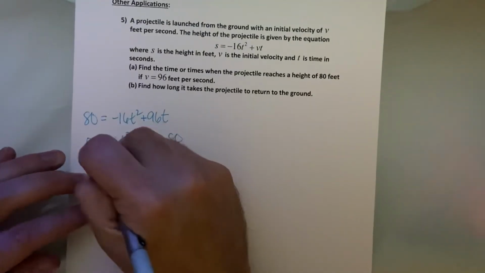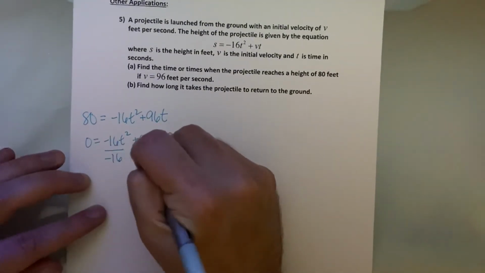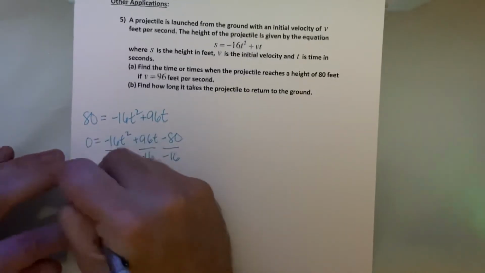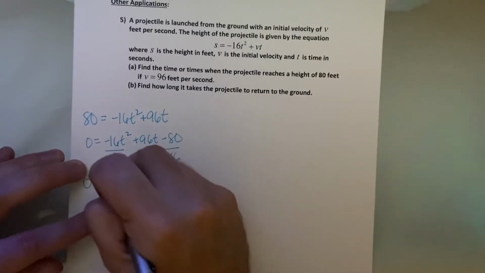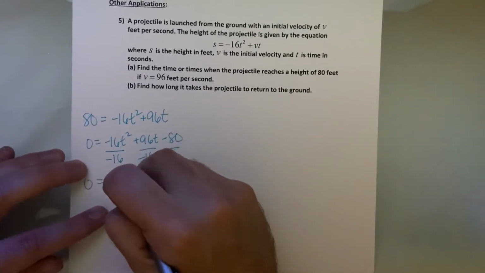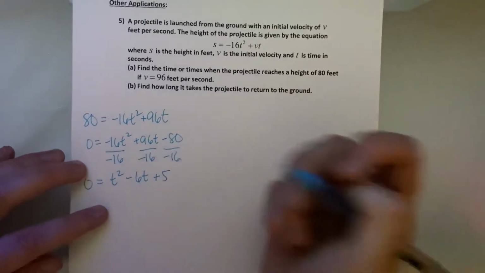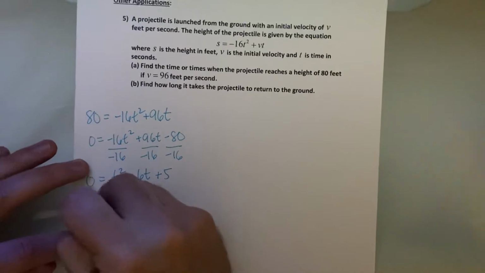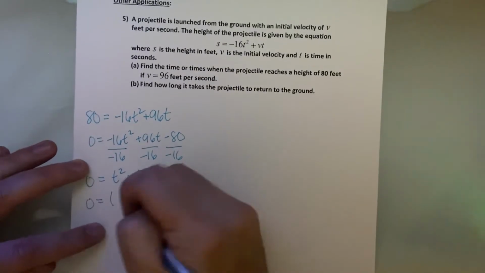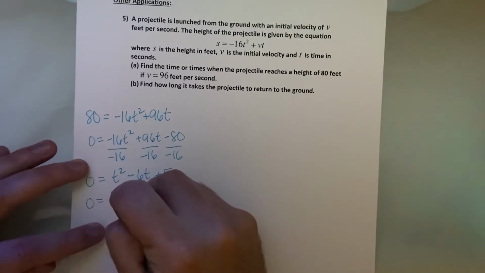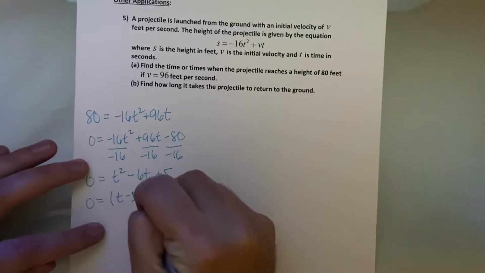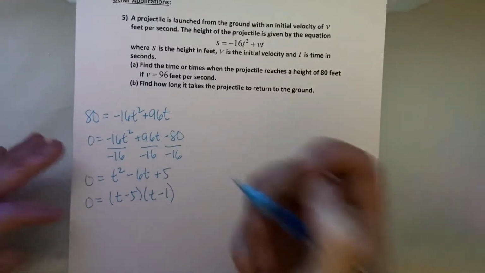You can divide everything by negative 16. Get 0 equals t squared minus 6t plus 5, and factor. That would be (t minus 5)(t minus 1).